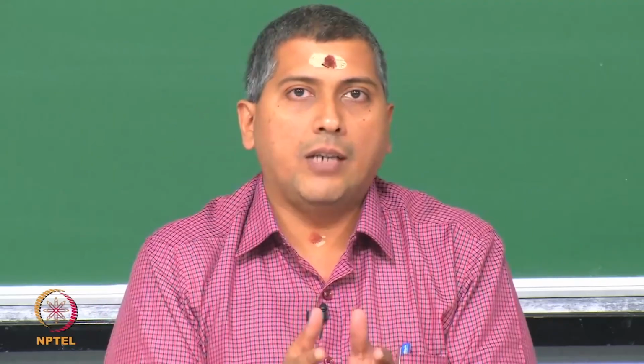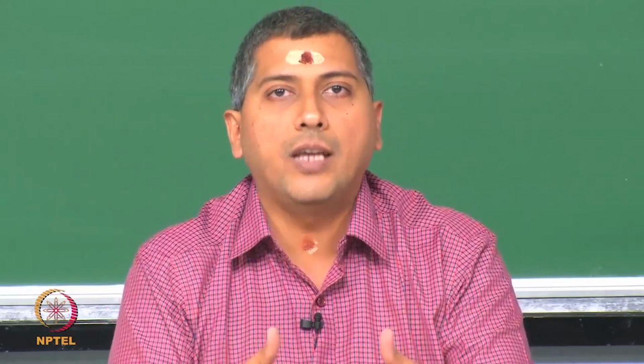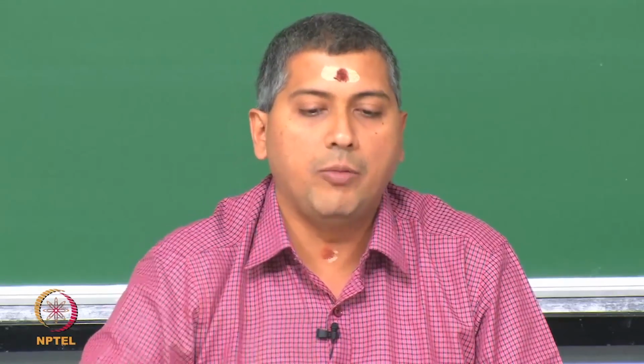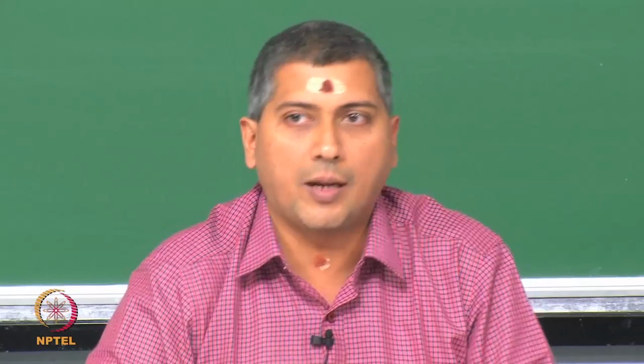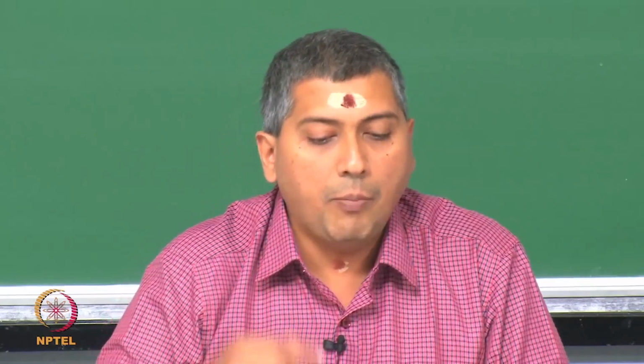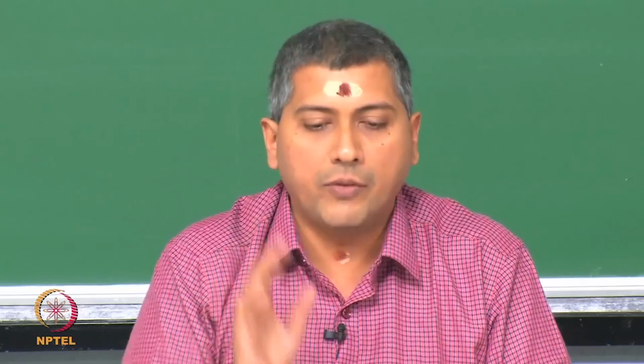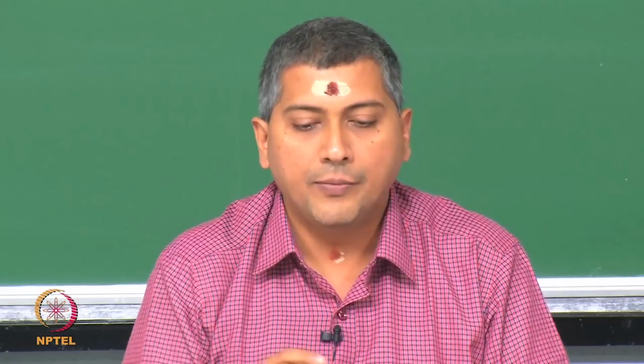There, in sampling in time, our consideration was that I should not lose information. What I mean by this is, if necessary, I should be able to reconstruct the continuous time signal from its sampled version. We can place a similar requirement here. Assume that we are going to deal with a uniform grid.